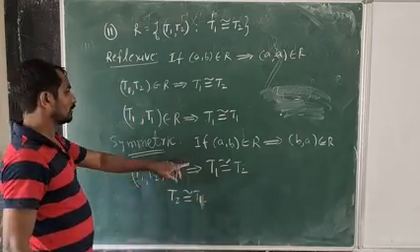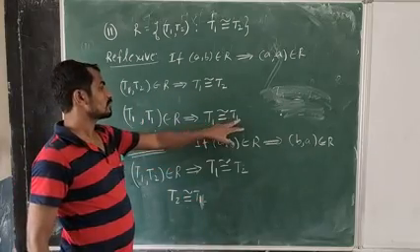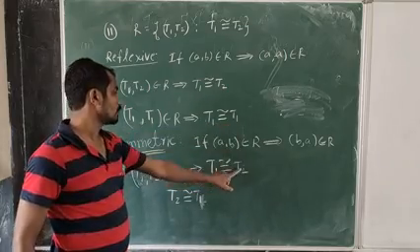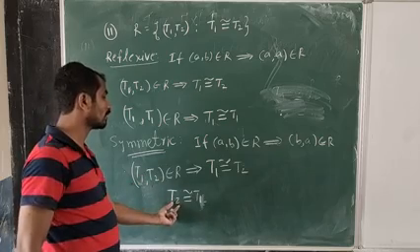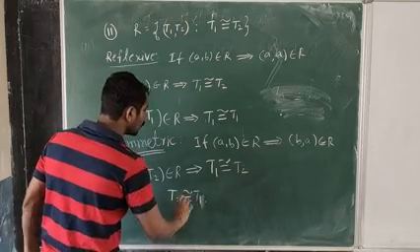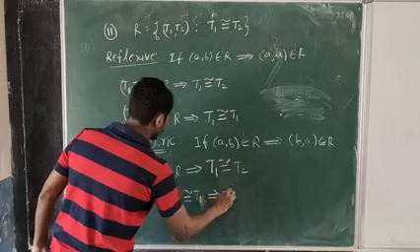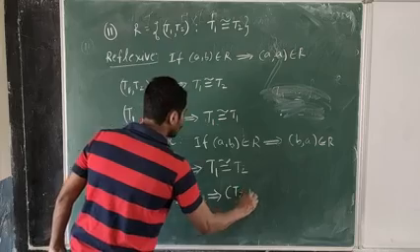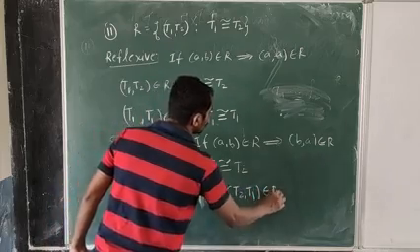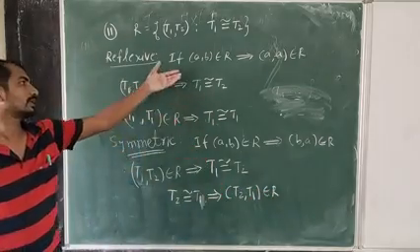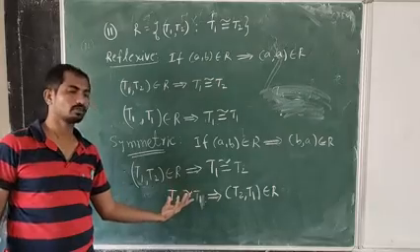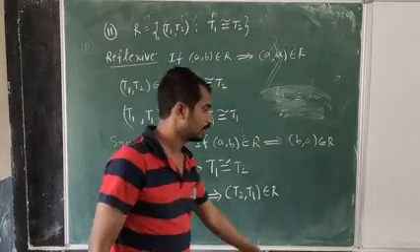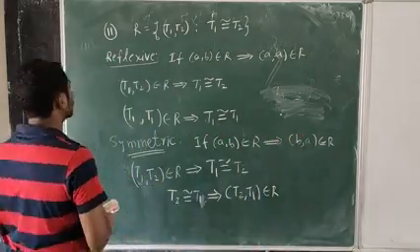Now here we can see T1 congruent to T2. What did we write? (T1, T2) belongs to R. T1 congruent to T2 means you can write (T2, T1) belongs to R. If (A, B) belongs to R, then (B, A) belongs to R. Therefore it is symmetric.